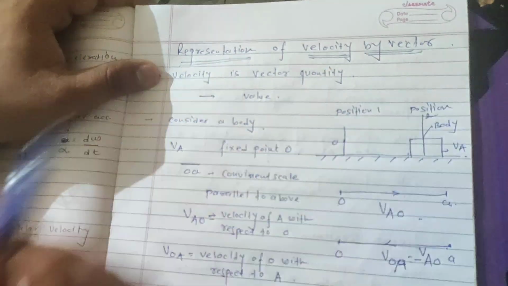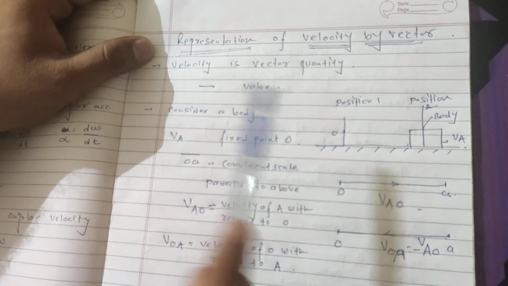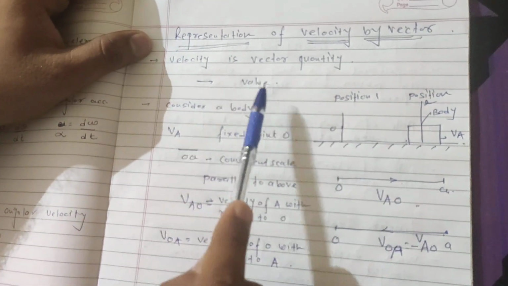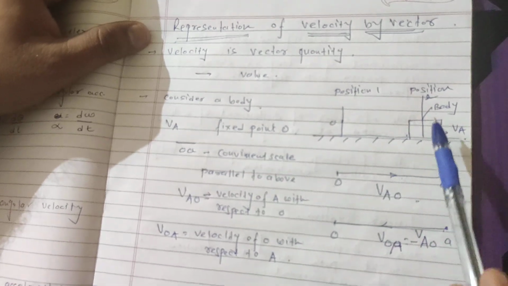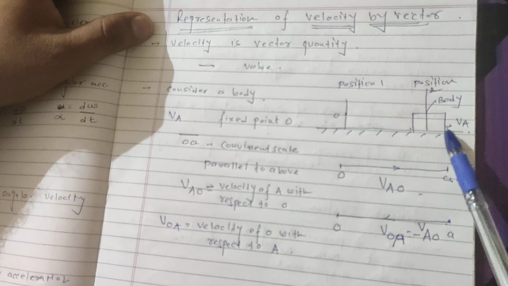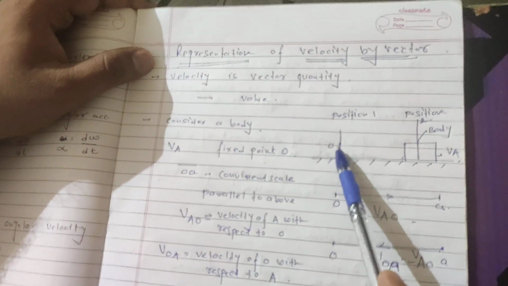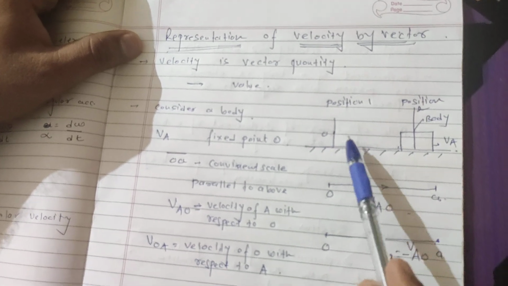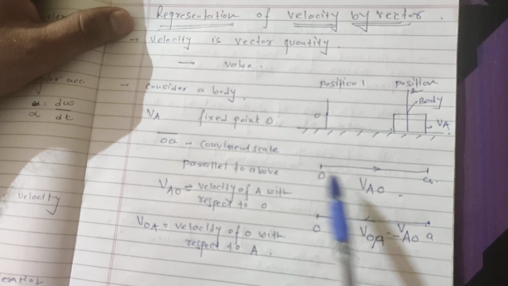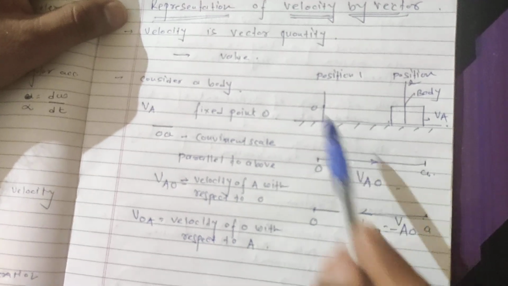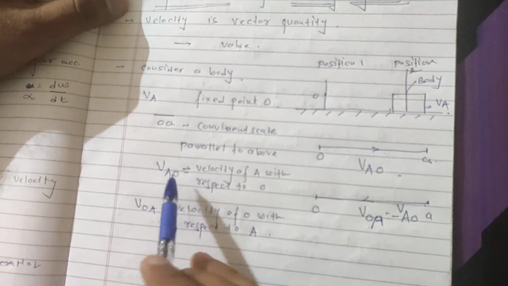This is the representation of the velocity by vector method. Clear? Velocity is a vector quantity, which has direction plus value. Consider one figure in which a body moves with an absolute velocity VA from a reference or fixed point O. To represent this we draw a vector OA with a convenient scale, parallel to the motion.